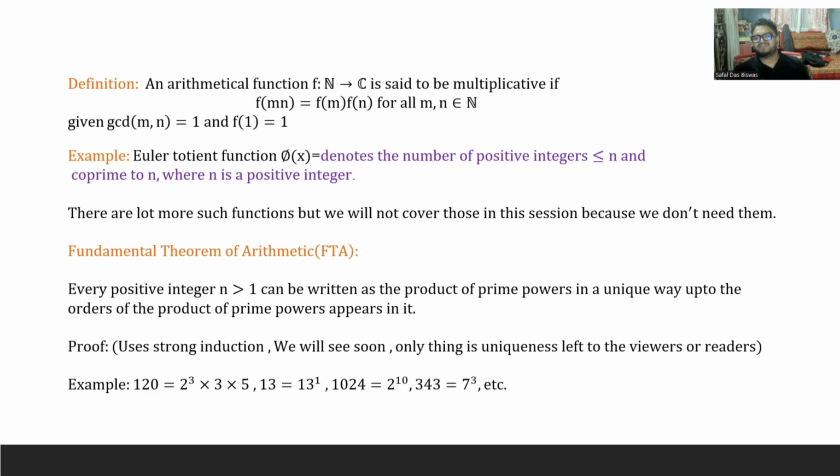Alpha is just a positive integer, right? In prime powers, we just need the base p to be prime, but the exponent may or may not be prime, right? That's it. So we are proceeding to the next part of our lecture session.